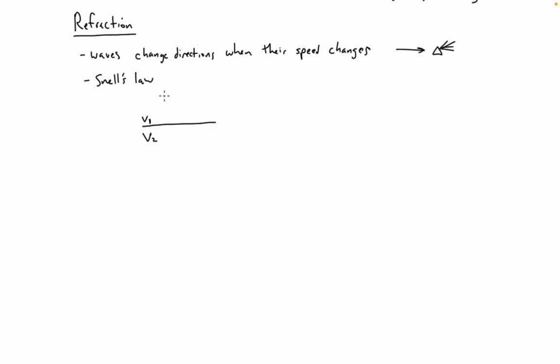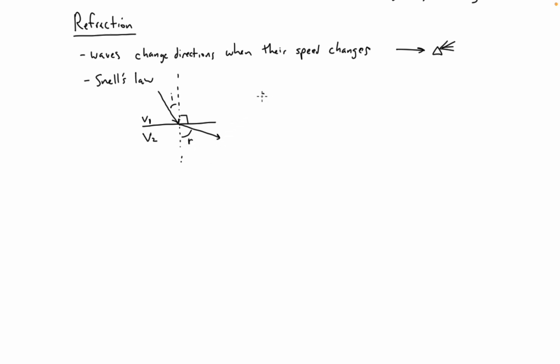And the relationship is that if light or some other wave is coming in at some angle we'll call I, it's going to continue at some other angle. I'm just drawing this so that you can see what a right angle is. It's going to continue off at some other angle R.